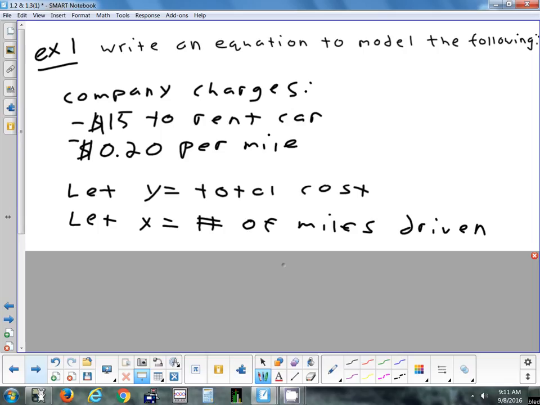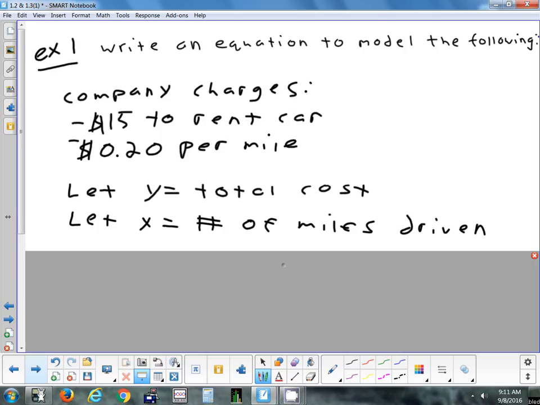Now, I definitely don't want to switch x and y, because we're going to learn in the next section that x and y have certain names. X is called your independent variable, and y is called your dependent variable. The way I figure out which one is which is I read it to myself and see which one makes more sense.